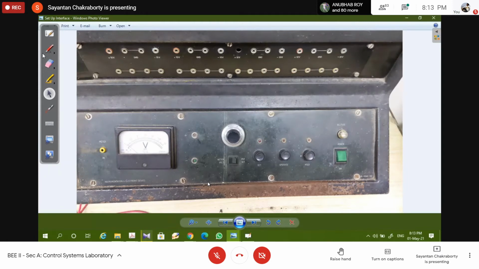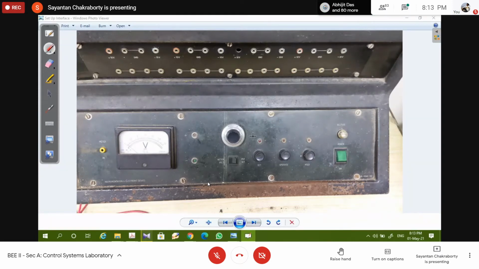These 3 switches are key components of the integrator circuit. One is called set, which will be used to set the initial condition. This is operate, which will cause the integration operation to start and continue. This hold will make the integration pause at a particular value.